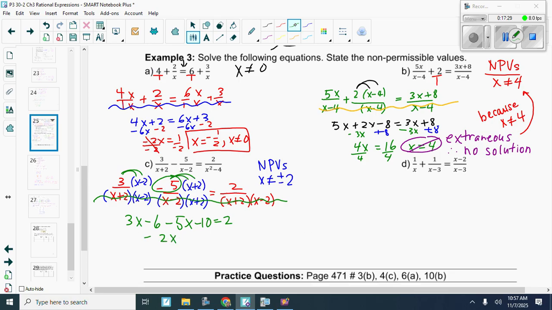We have minus 16, so we're going to add 16 to both sides. That gives us 18, divide by negative 2.